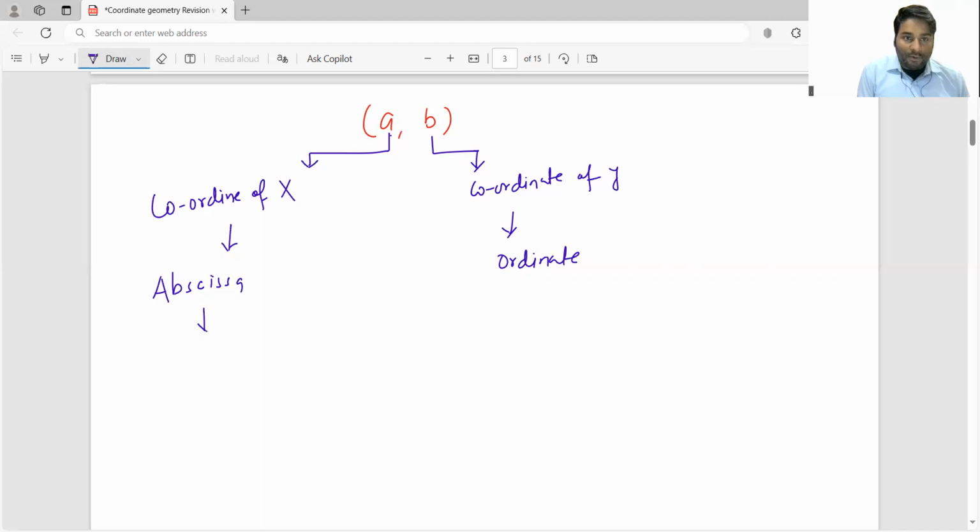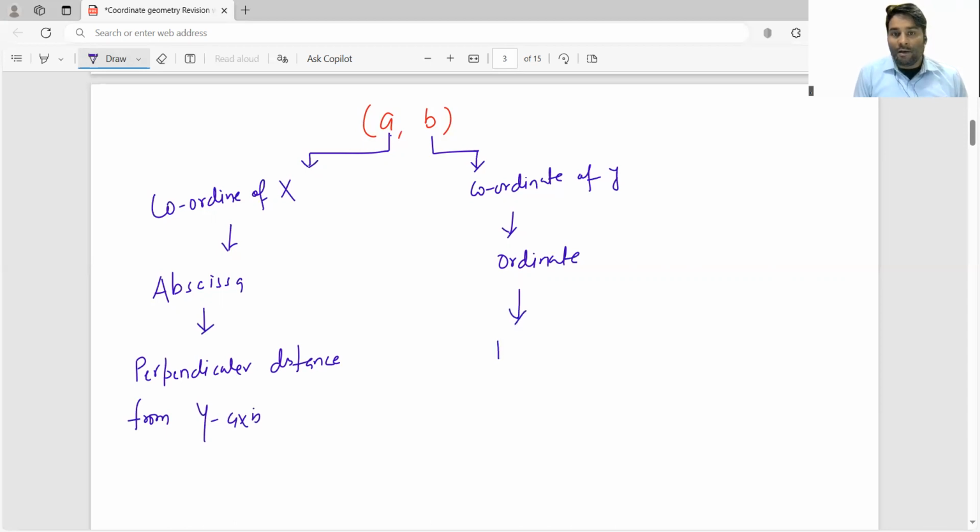Okay, and one more thing, this is the perpendicular distance from the y-axis, right? And this thing is the perpendicular distance from the x-axis, right? Suppose we have the point -3 comma 2.